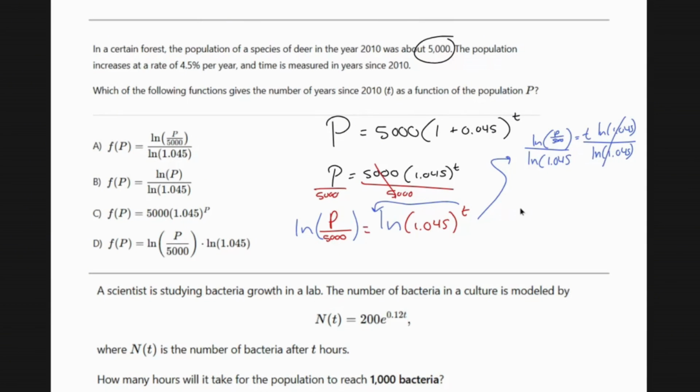You cross out, and t is going to equal ln of P over 5,000 over ln of 1.045. Gross. I don't like that one. But it's our first one without a calculator, so I can't hate you.